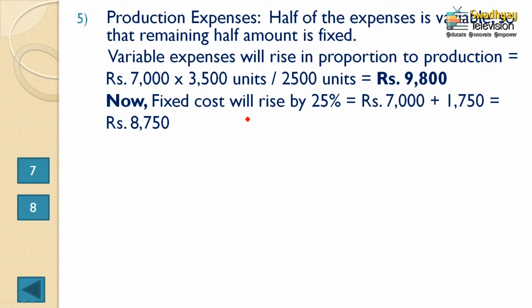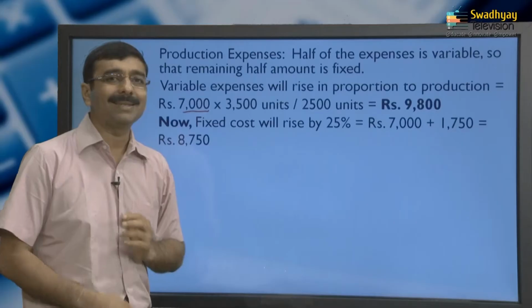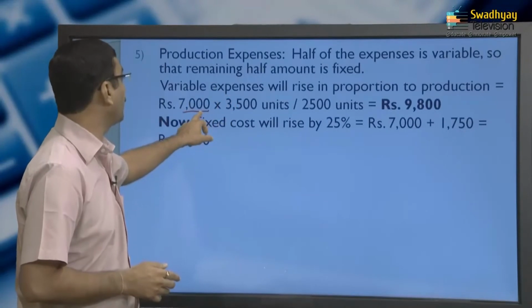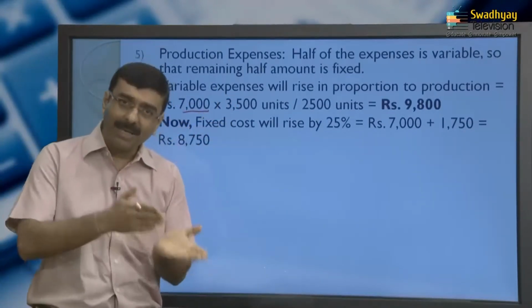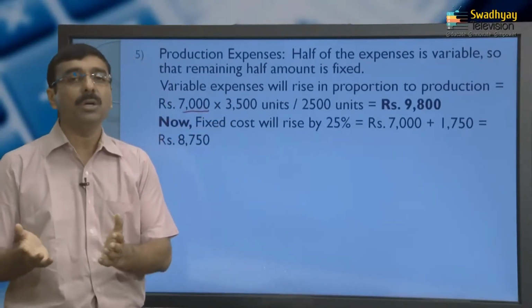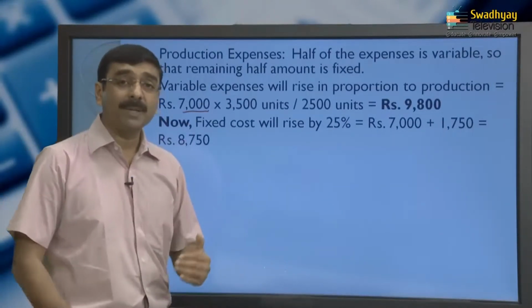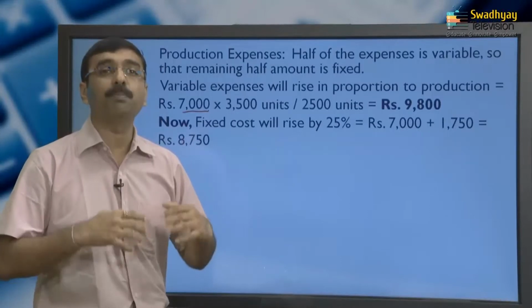In that sense, the variable expenses will rise according to the proportion of the production. The total production expenses come to 14,000 rupees, so half of the expenses is variable, that is 7,000 rupees. The remaining half comes to 7,000 rupees, which is fixed expenses. Now variable expenses always change on the basis of proportion.